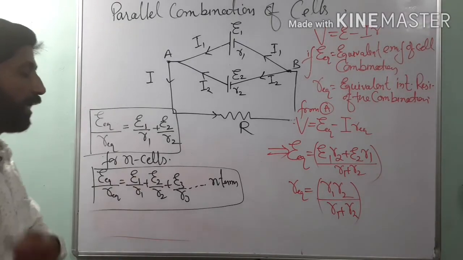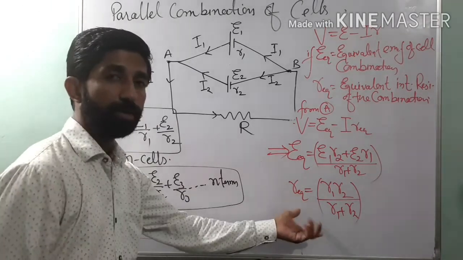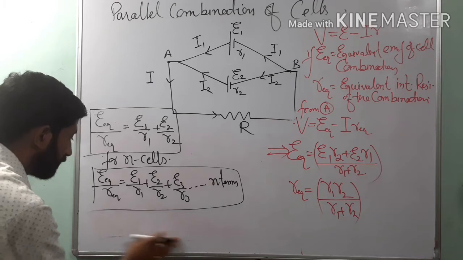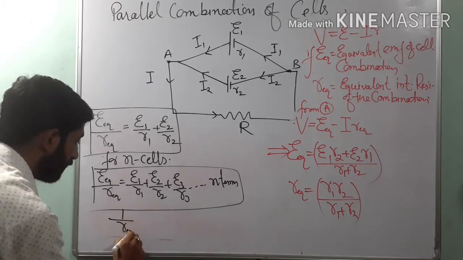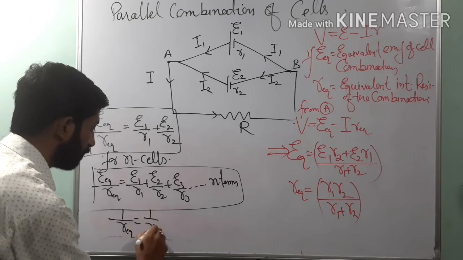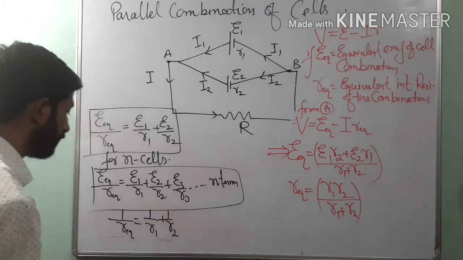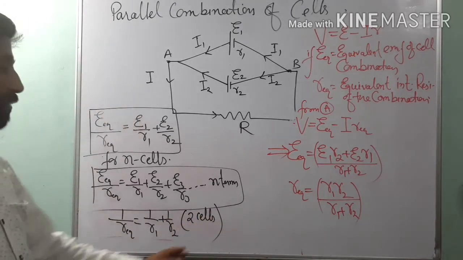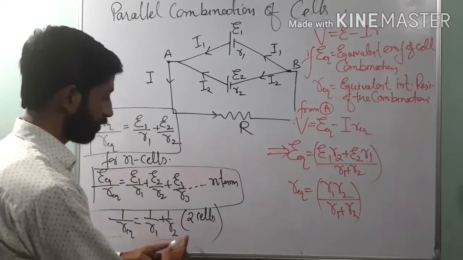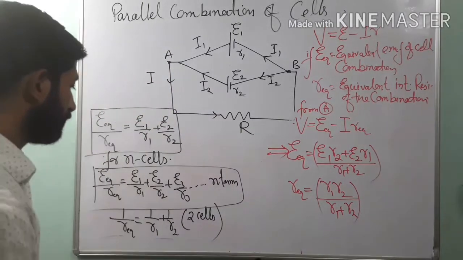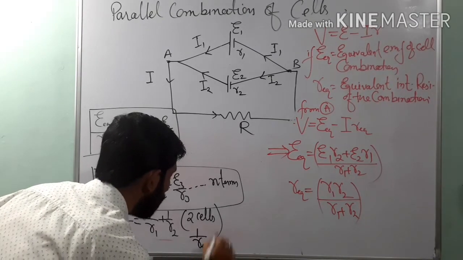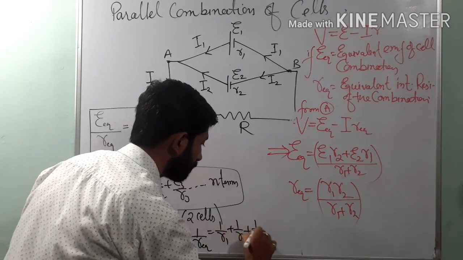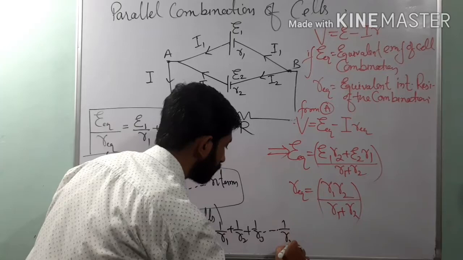Okay, that is done. And if I revert this or simply take the reciprocal of this, then we get 1 over R equivalent is equals to 1 over R1 plus 1 over R2 for two cells. This is only for two cells. What if we have n number of cells? Then this series continues to n terms, and we get 1 over R equivalent is equals to 1/R1 plus 1/R2 and so on up to 1/Rn.